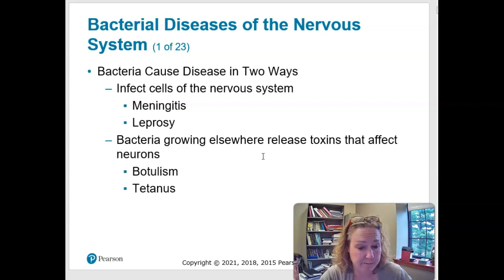There's a bunch of flavors of meningitis. Also, there's bacteria that grow elsewhere that release toxins that affect the neurons. So, meningitis and leprosy directly affect your central nervous system. Botulism and tetanus release toxins that ultimately affect your neurons. Do you see the difference there? I'm definitely going to ask that on the quiz.